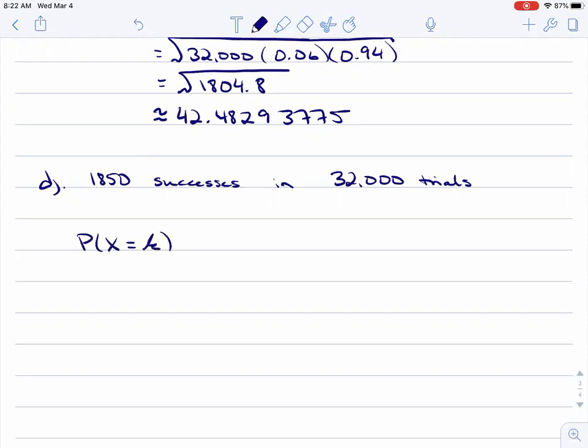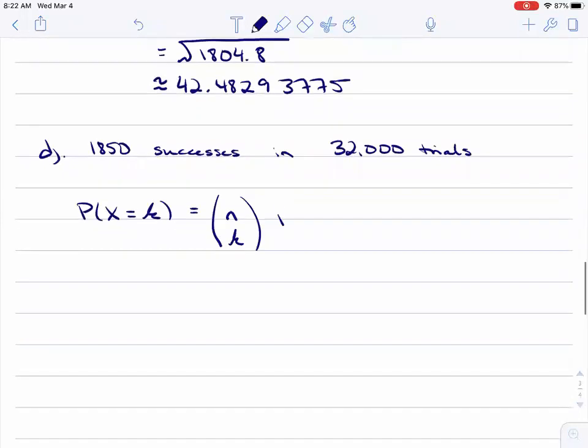The probability that X equals K, and I do a script K, otherwise it looks weird, is going to be N choose K, which we talked about last day, the choose function on your calculator. And so N choose K times P to the power of K, the probability of success to the power of however many successes we need, times 1 minus P, that's the probability of failure, to the power of however many failures we need. If we have K successes in N trials, the rest must be failures.